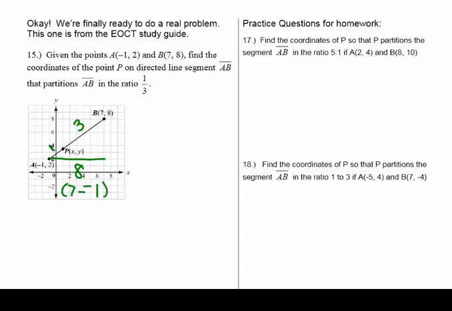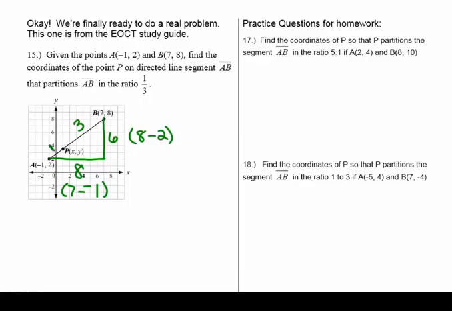And then to get the vertical distance, we're going from 2 to 8, so that's going to give us 6, okay? And then again, if we're looking at that component, it was 8 minus 2, right? Remember those from your distance formula.